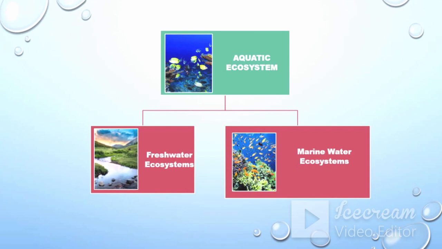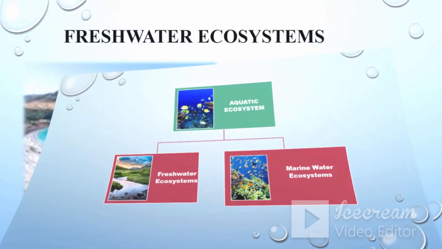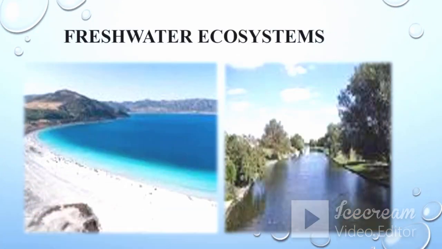Aquatic ecosystems can be classified into two major types. They are freshwater ecosystems and marine water ecosystems. Now let us discuss one by one. Freshwater ecosystems.